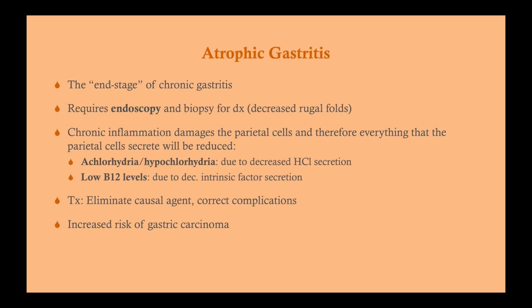Typically, the major complication is the B12 deficiency. And do bear in mind that these patients with atrophic gastritis do have an increased risk of gastric carcinoma. So you'll want to follow up with them regularly, make sure and educate them as to what the symptoms of gastric carcinoma are. So they're keeping an eye on that.